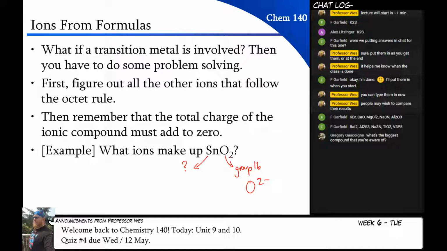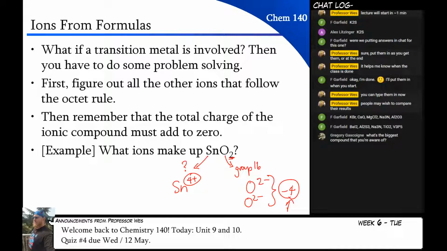Well, if I have 2 of them, I have a total charge of -4. That means that whatever tin is has to exactly counteract the -4. Therefore, it must be +4.